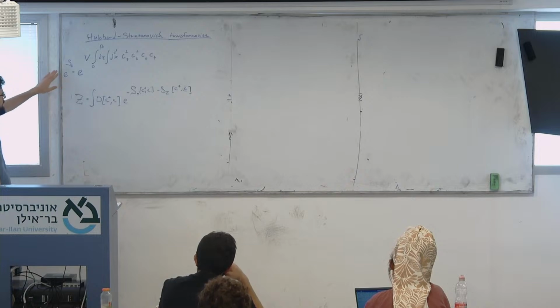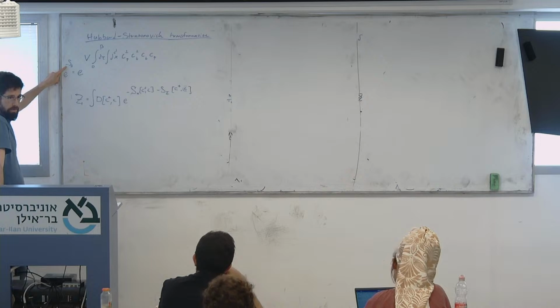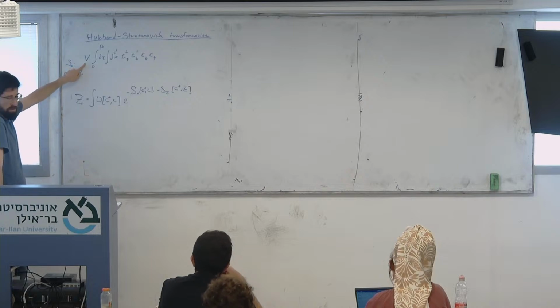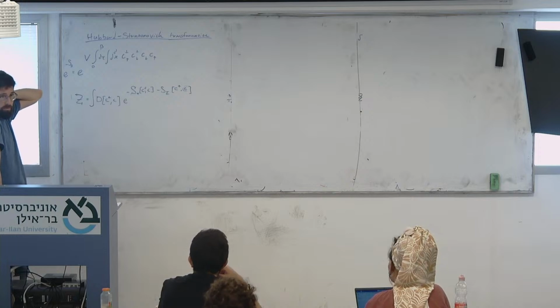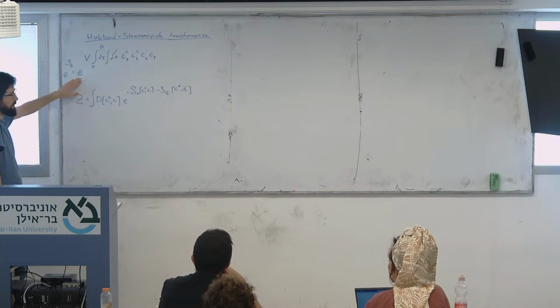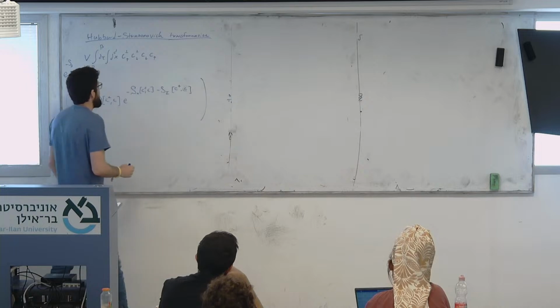Now, what I want you to notice is that because of this minus sign, if it's positive here, that implies an attractive interaction. This is crucial because we need the interaction to be attractive to perform this transformation.